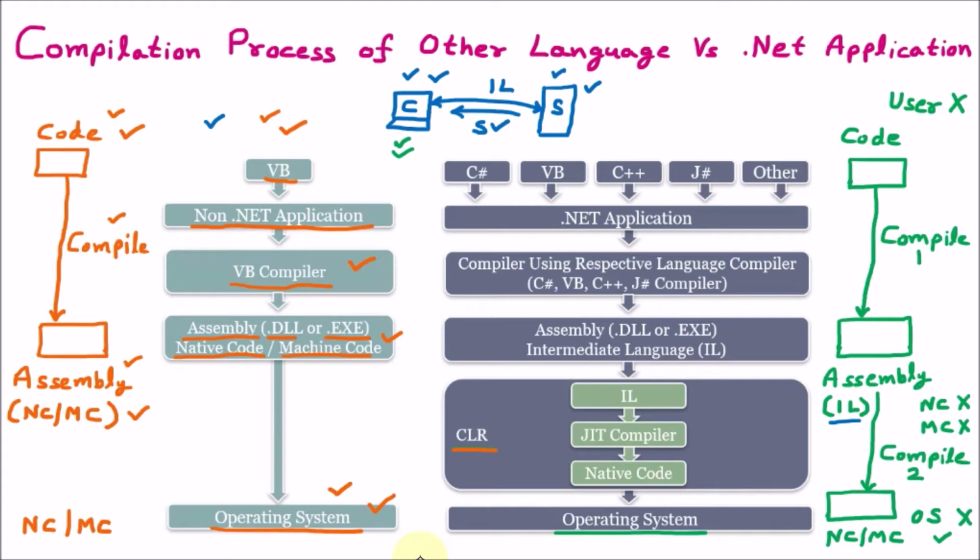Here the intermediate language IL can run. So what does CLR do? CLR is going to convert this intermediate language to the native code, and we know that native code is nothing but the machine code. The conversion of intermediate language to the machine code is done with the help of JIT compiler, just in time compiler, and this is part of CLR.